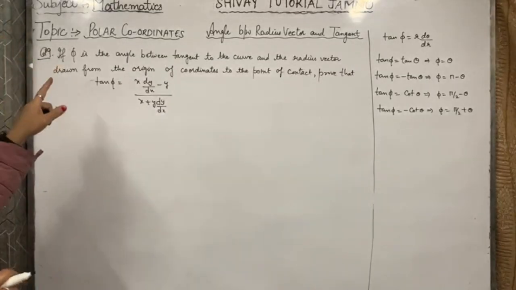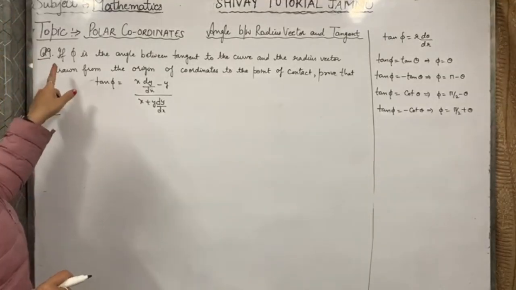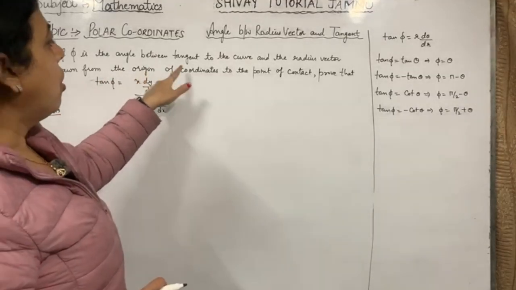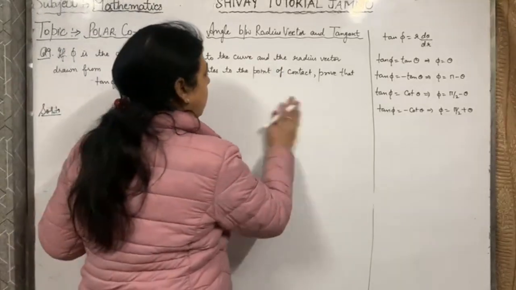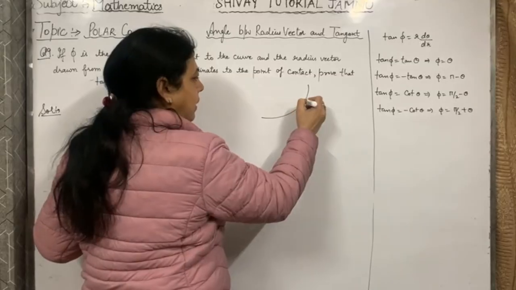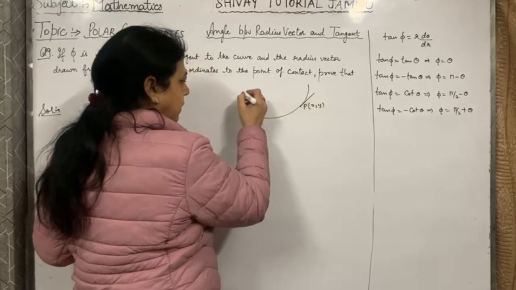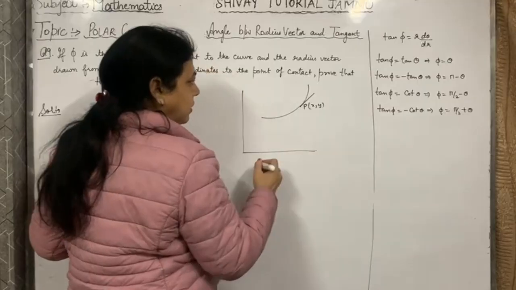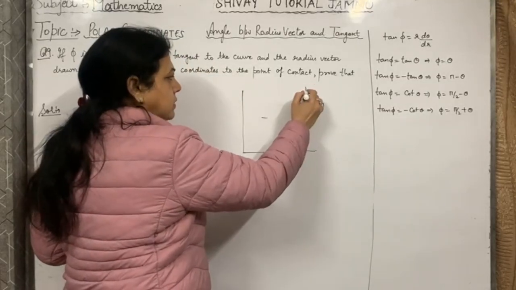Next question: phi is the angle between tangent to the curve and radius vector drawn from the origin of coordinates of any point of contact. Firstly, we will draw, we take a curve, any curve, we take a point P on the curve whose coordinates are x, y. This is the origin and suppose the curve is like this.